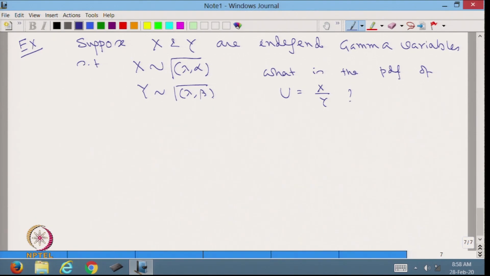Therefore, as before we take u is equal to x by y and let us consider v is equal to y. Therefore, as before y is equal to v and x is equal to u v.